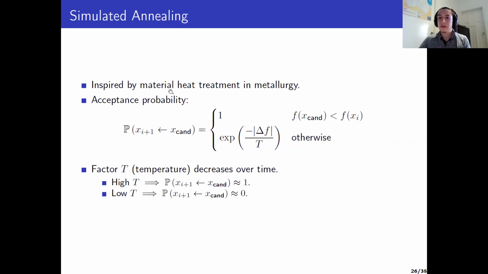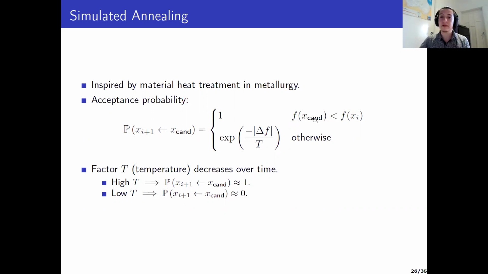So what this method introduces is an acceptance probability that allows us to pick candidates that don't necessarily improve the value of the objective function. The probability of the candidate points to be the next iterate is 1 every time that the function evaluated at the candidate is better, and it is picked.